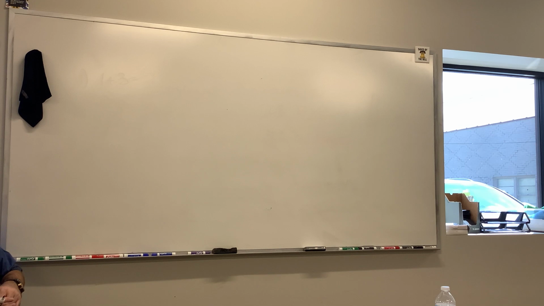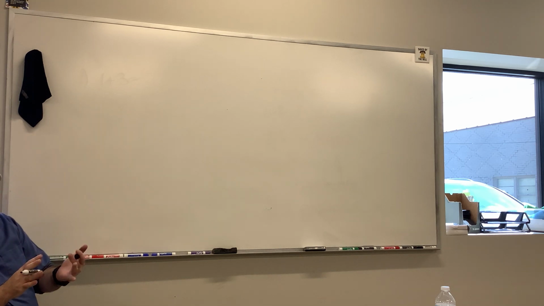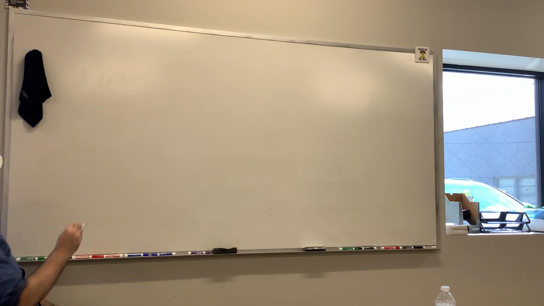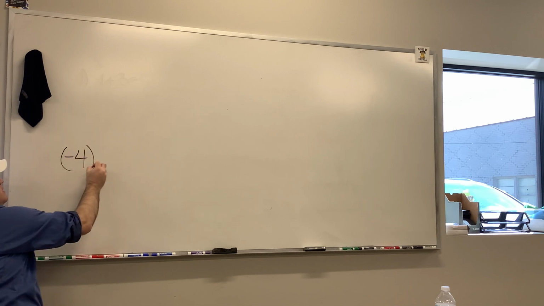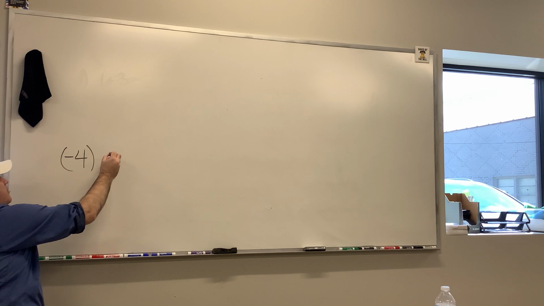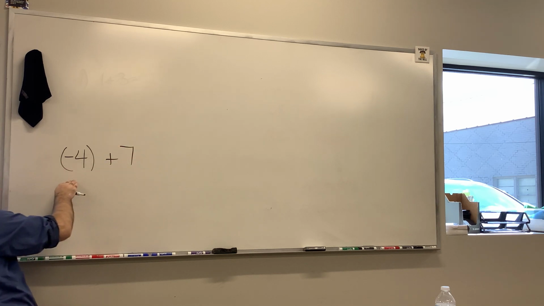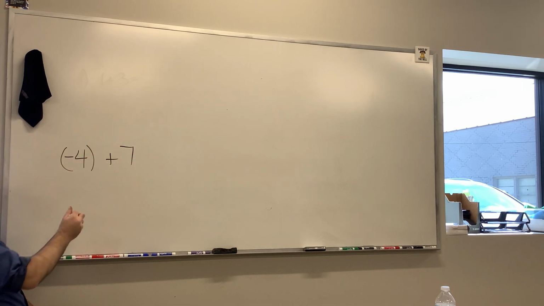Let's look at this: sometimes you could use a parentheses and not. So you could have something like -4 in parentheses, and then +7 or something. So one of them is in, one of them is not. Or it could have been the other way around.